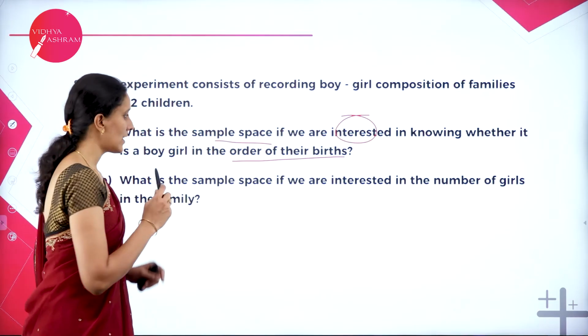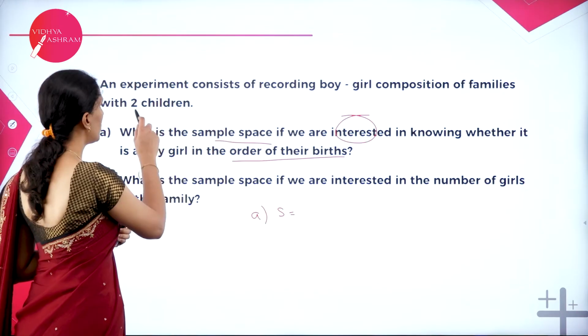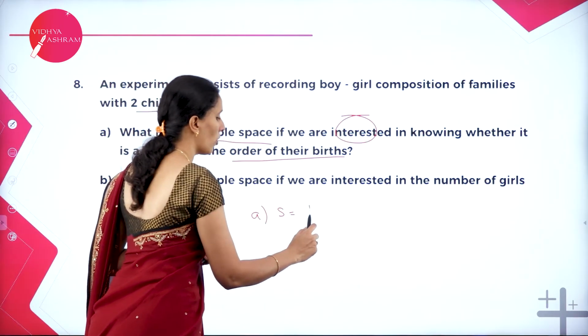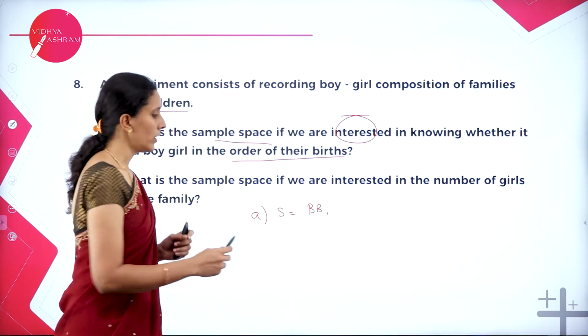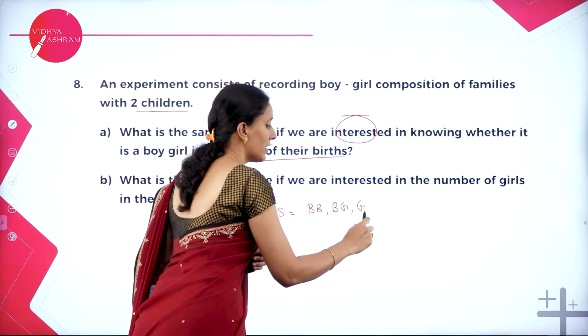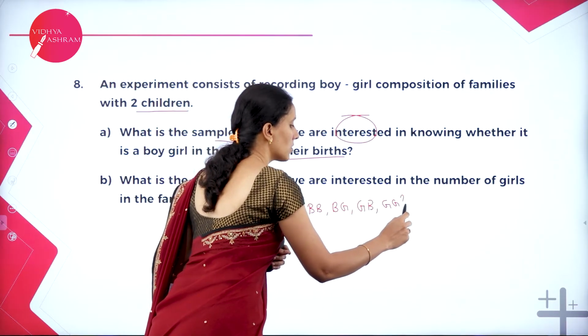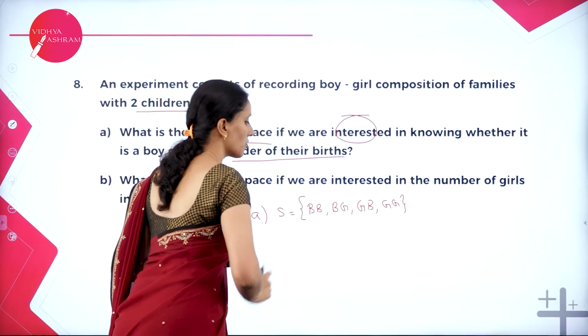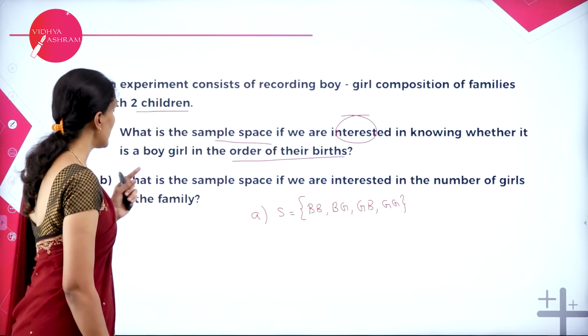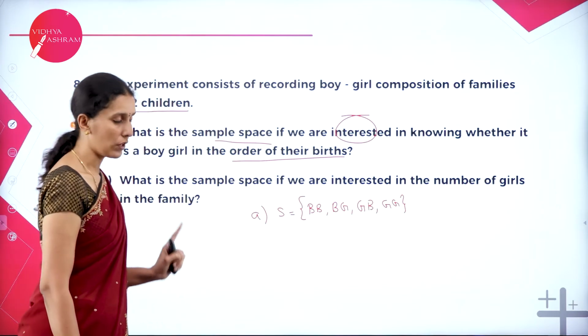So let us write the sample space for the first one. S is equal to, the 2 children can be both boys, or the first one may be a boy and the second one a girl, or the first is a girl and the second a boy, or both are girls. So these are the combinations of 2 children. The second one says, what is the sample space if we are interested in the number of girls?